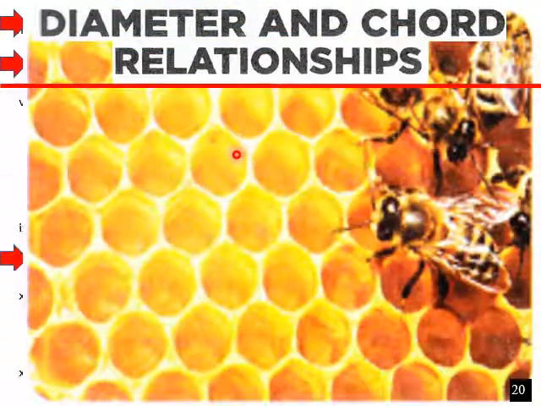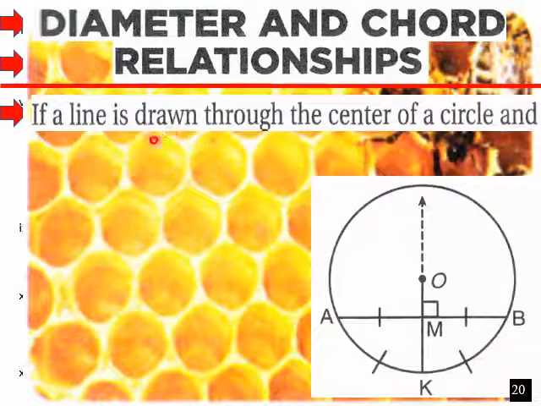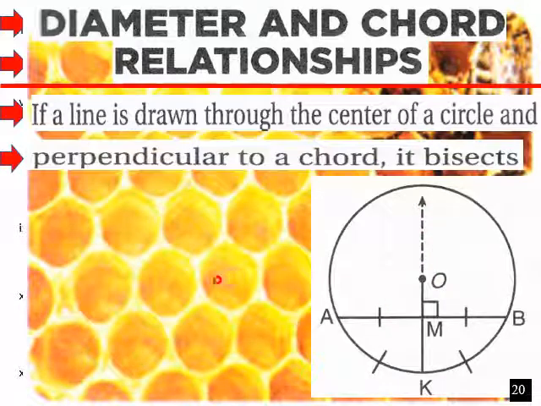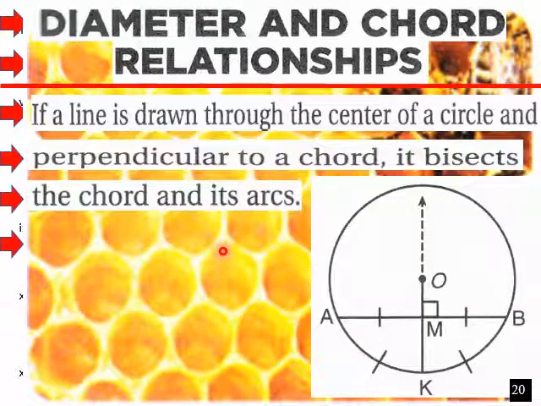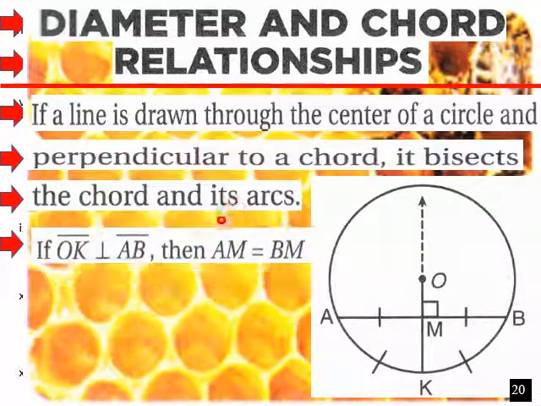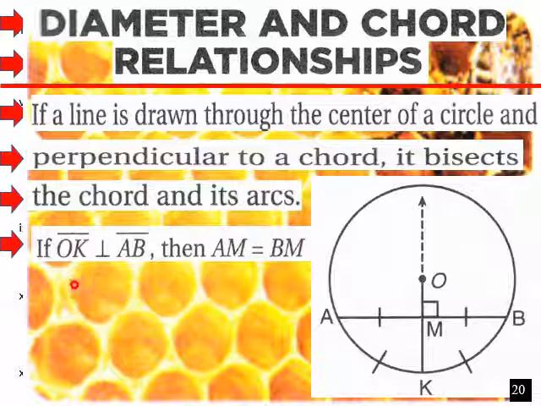Diameter and chord relationships. If a line is drawn through the center of a circle, here is the center, and perpendicular to a chord, this is our perpendicularity here. This line here is perpendicular to AB, and then these are congruent to each other, and these arcs are congruent to each other. A line through the center perpendicular to a chord bisects the chord and its arcs.